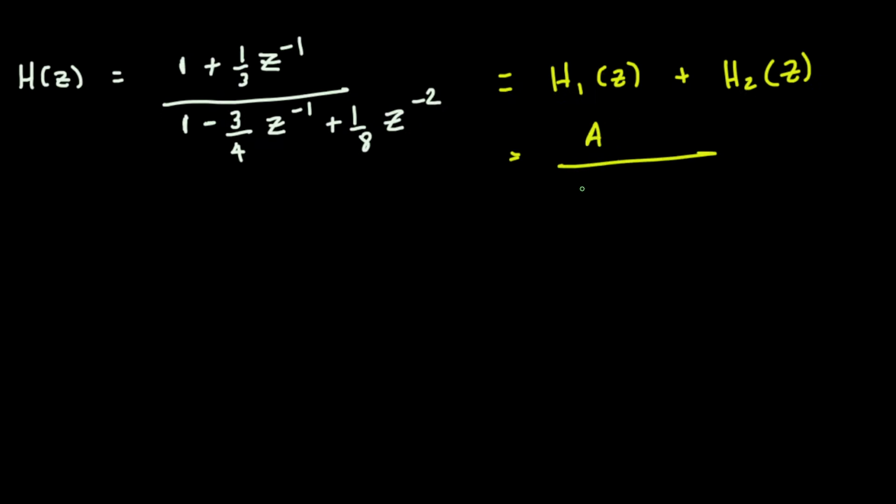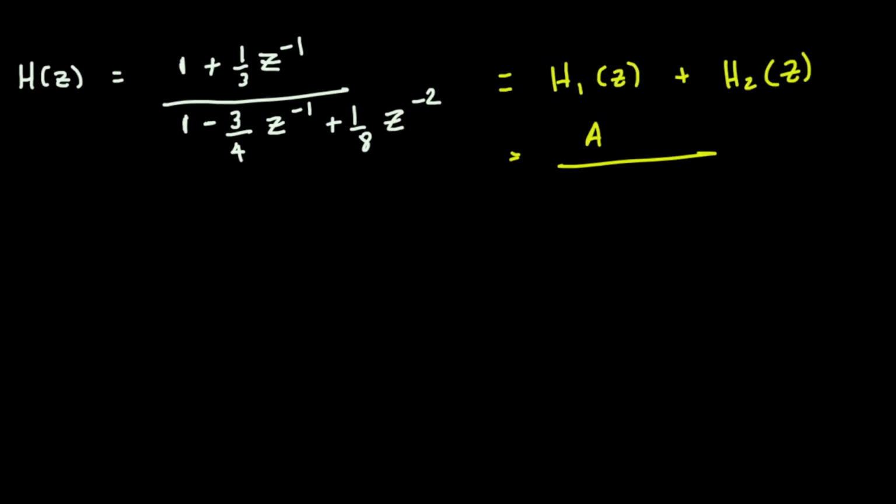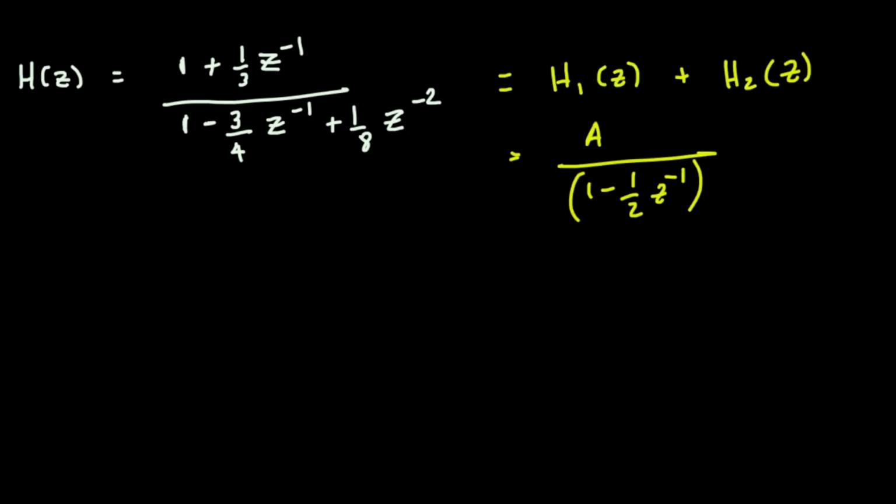So this is A over 1 minus 1 over 2 z power minus 1, and 1 minus 1 over 4 z power minus 1. This is B. Now you have to solve for A and B using the partial fraction decomposition.